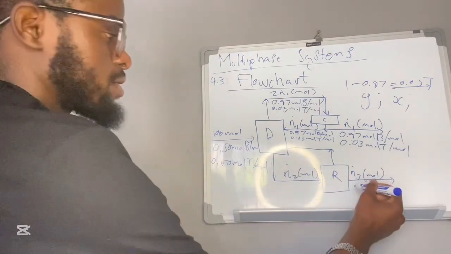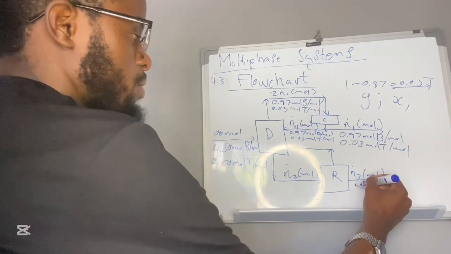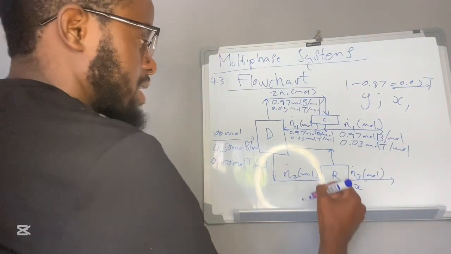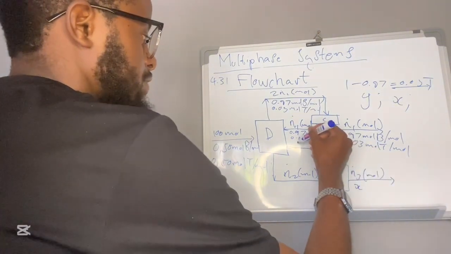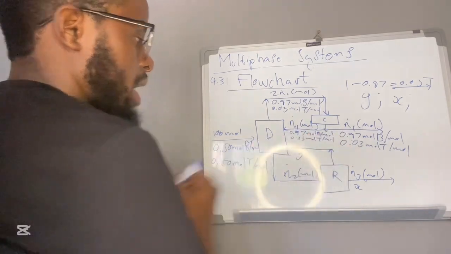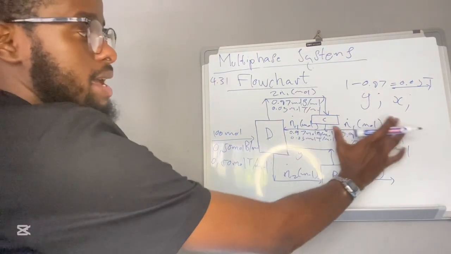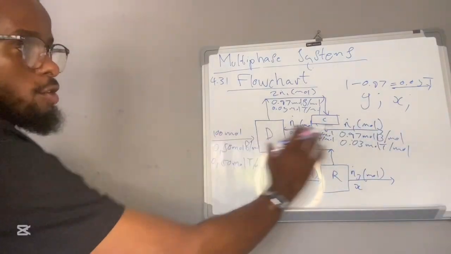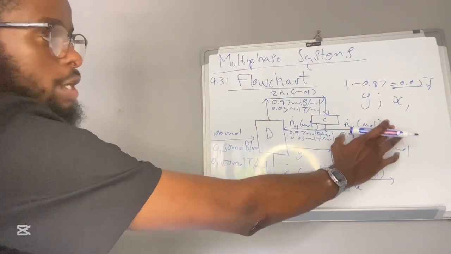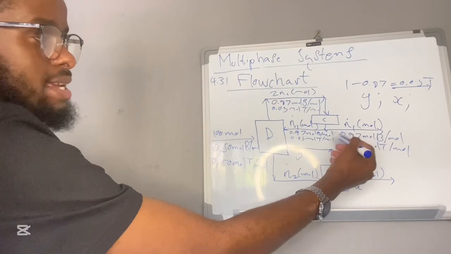So I am going to assign the component balance for this as X, the component balance for this as Y, because we are obtaining this, the overhead product, that is what?